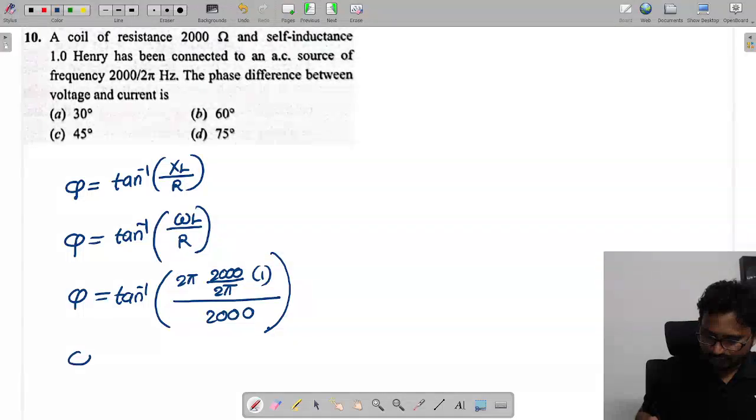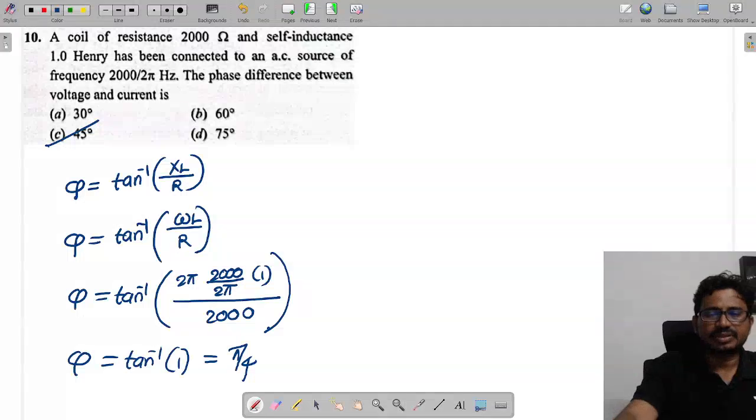So this value will come as tan inverse of 1, which is equal to 45 degrees.